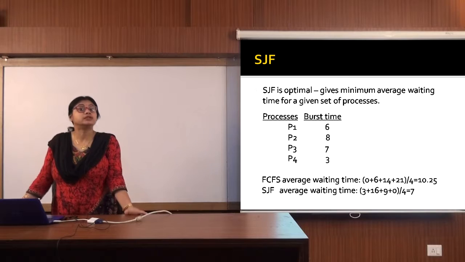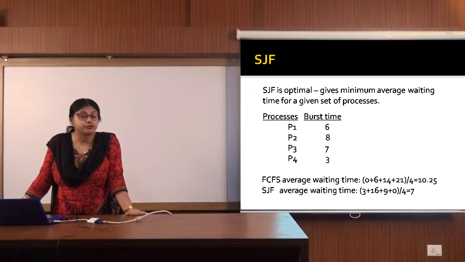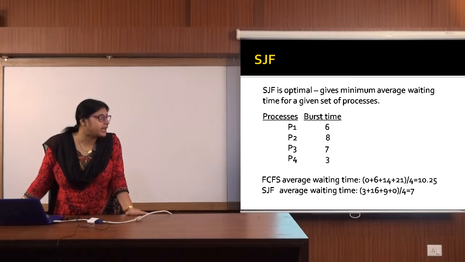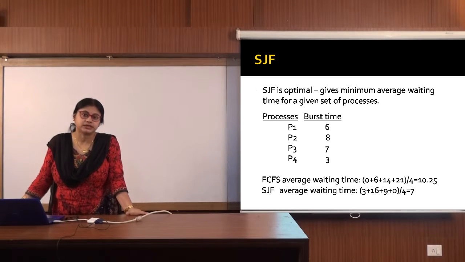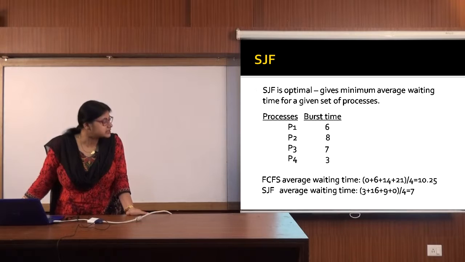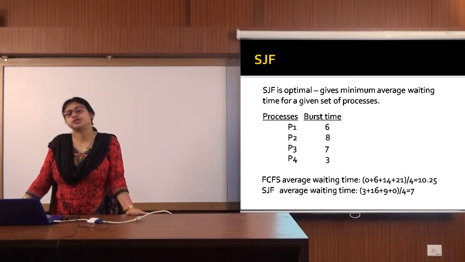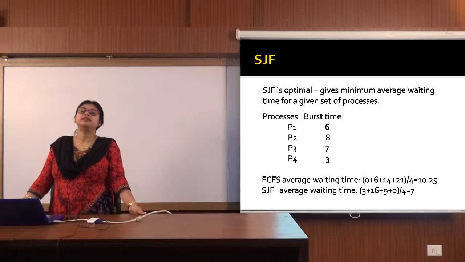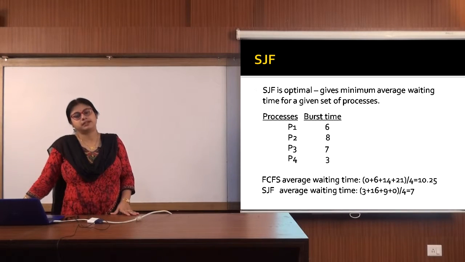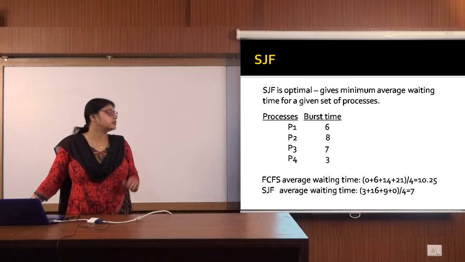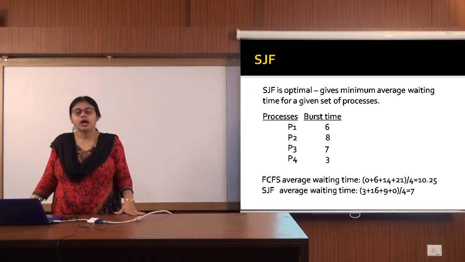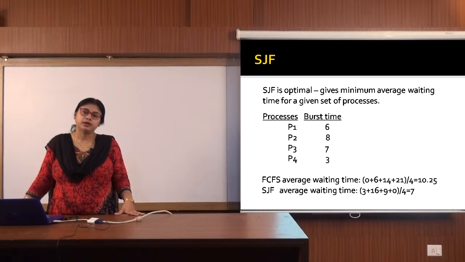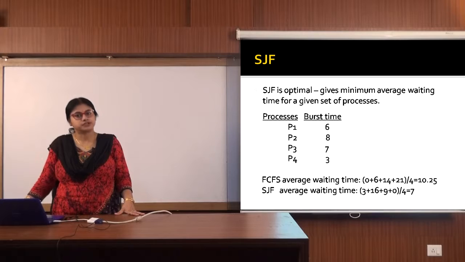Now, if we consider the FCFS scheduling algorithm, you can compute that the average waiting time is 10.25 milliseconds. But if we consider the shortest job first scheduling algorithm, the average waiting time will be just 7 milliseconds, which is much less than FCFS. In my last lecture, I showed you how we compute the average waiting time for first come first serve scheduling.